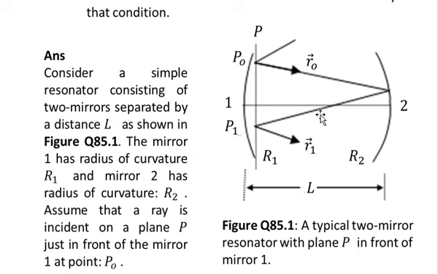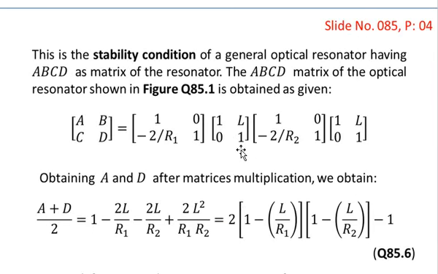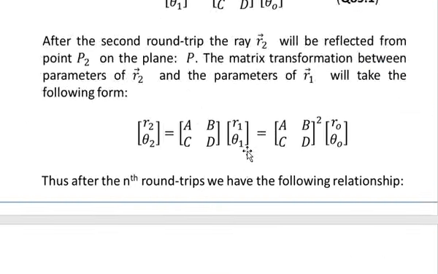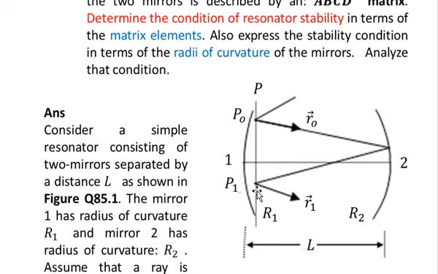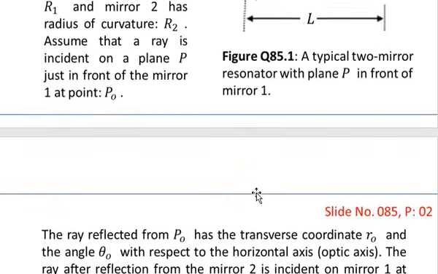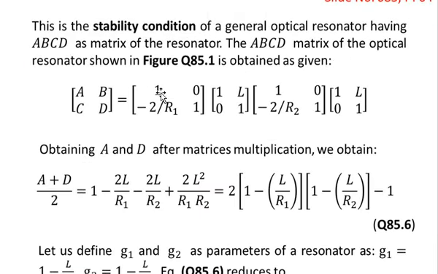So it will travel a free space propagation having a geometrical length equal to L. So we are going to insert that matrix at the third position, that is 1, L, 0 and 1. And then the reflection will take place at the point P1. So the reflection matrix at the point P1 is 1, 0, minus 2 over R1 and 1.